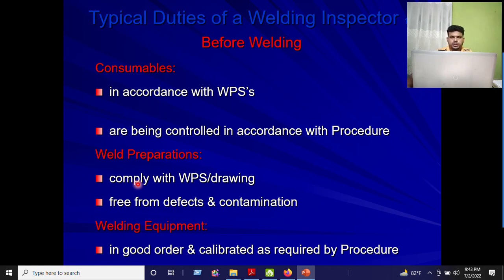So we have to check the weld preparation is free from defects and contamination. During weld preparation checking we have to check the defects and contamination also. Now, welding equipment in good order and calibrated as required by procedure. So we have to check whether all the welding equipment is properly calibrated, and whether all the equipment is in good condition.